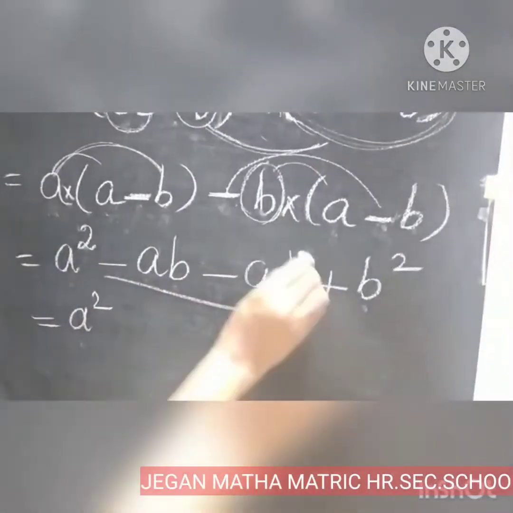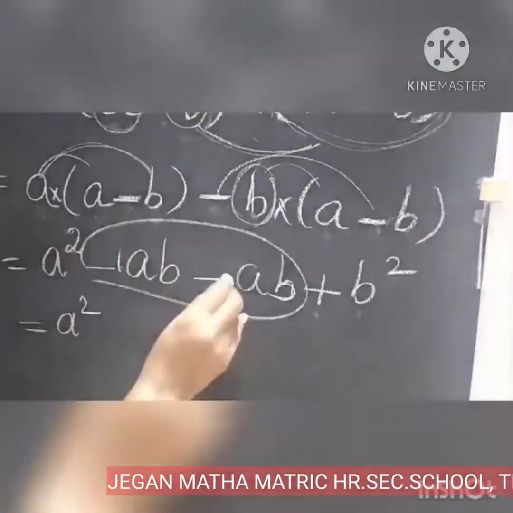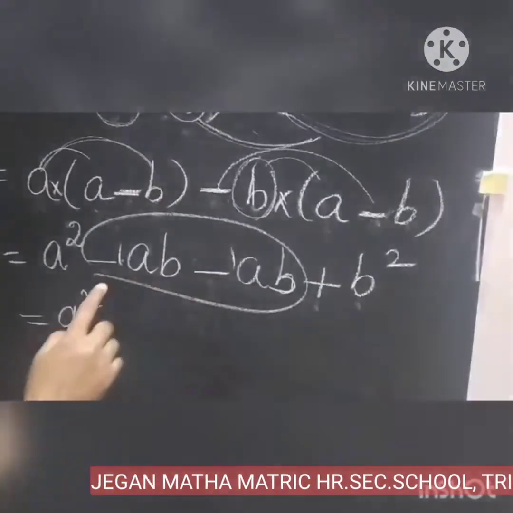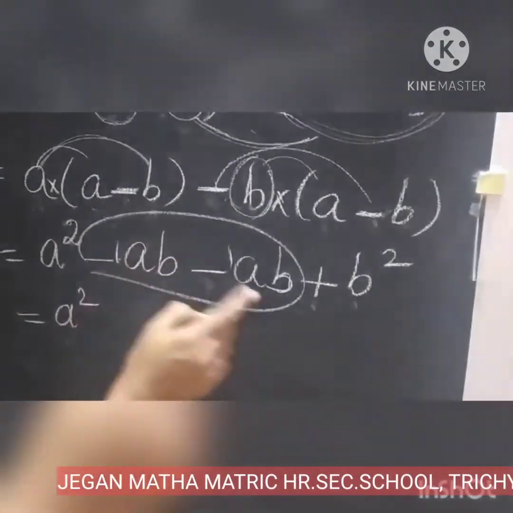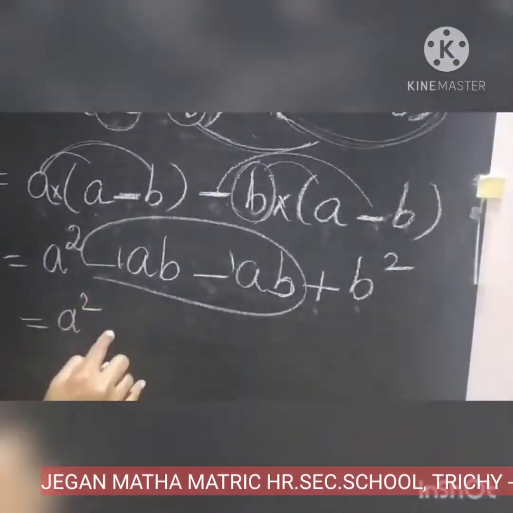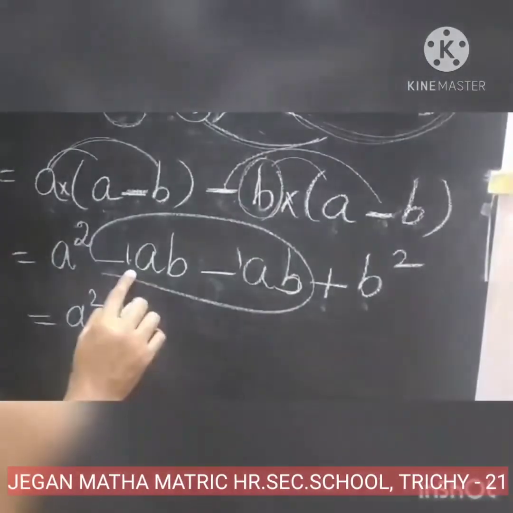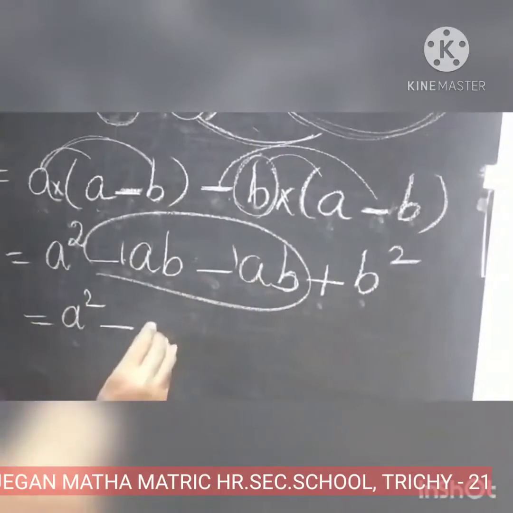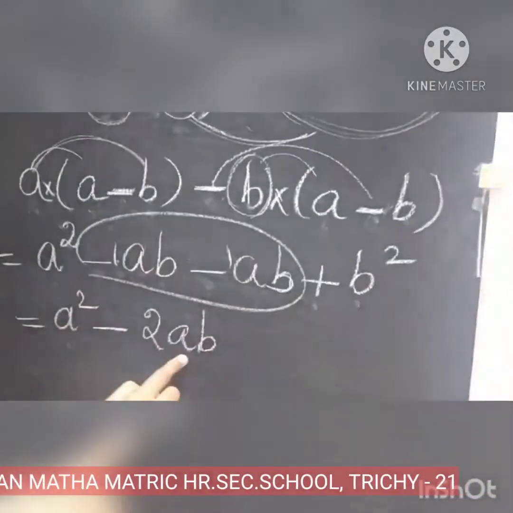Here these two terms are like terms, so you have to add 1ab and 1ab. Minus, minus, same sign: here also minus, here also minus. Same sign means you have to add the terms and give the same sign only. So the minus sign here, 1ab and 1ab, you add, 2ab. So minus 2ab only.